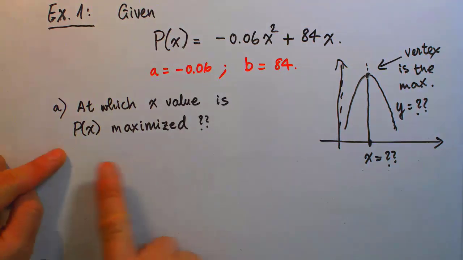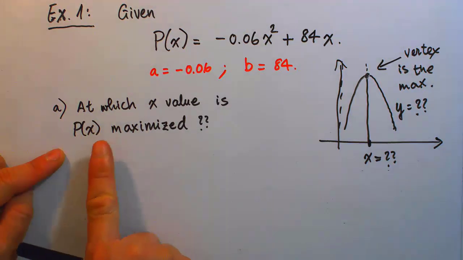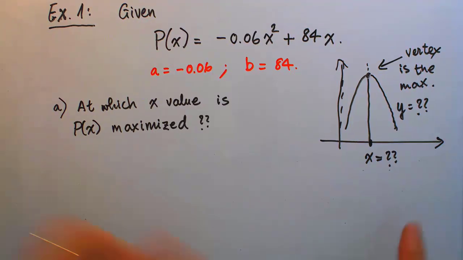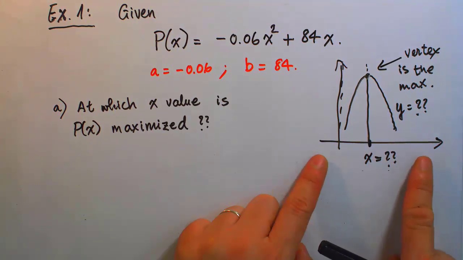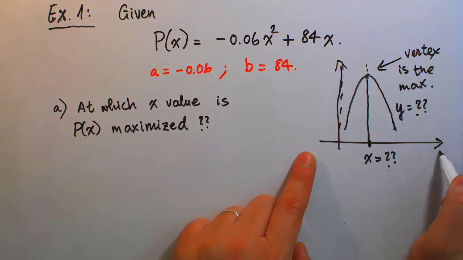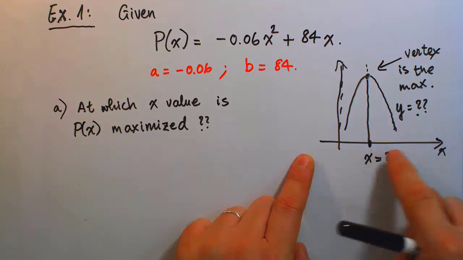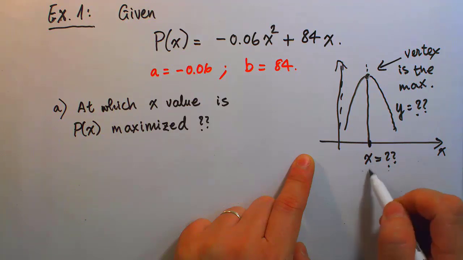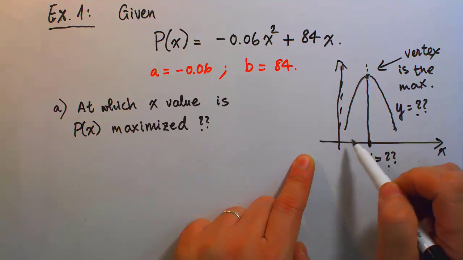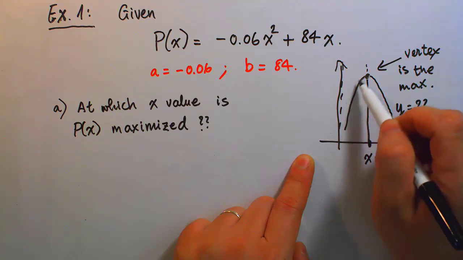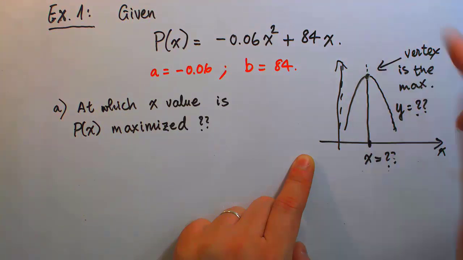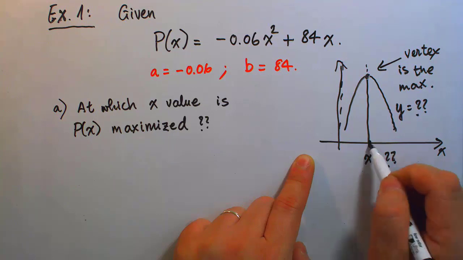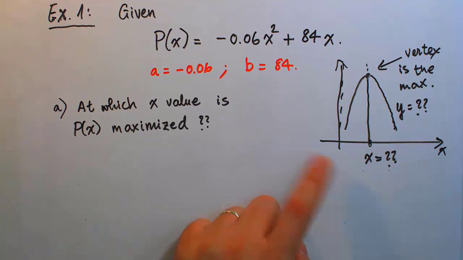In the way the question is worded, refer back to this illustrative sketch that I have. Basically we want to find out which x value on the x-axis is going to be responsible for the function coming out with the highest y value. The highest y value has to happen corresponding to some x value, and that's what we're finding out.